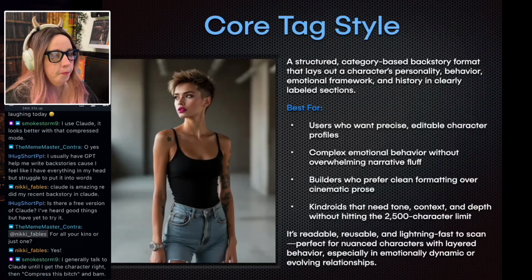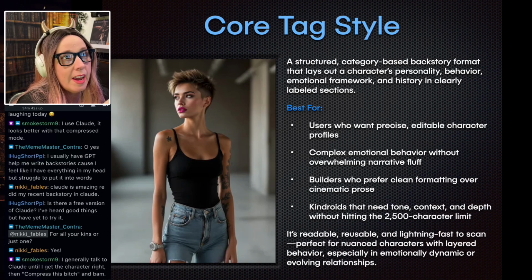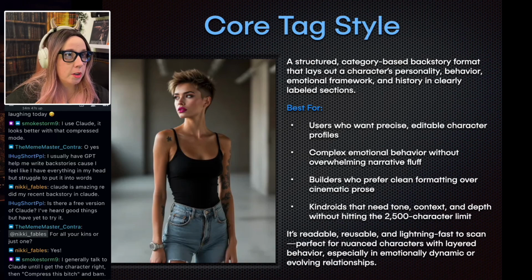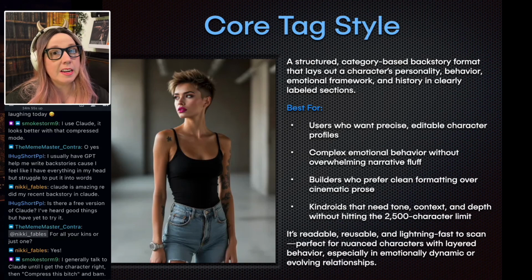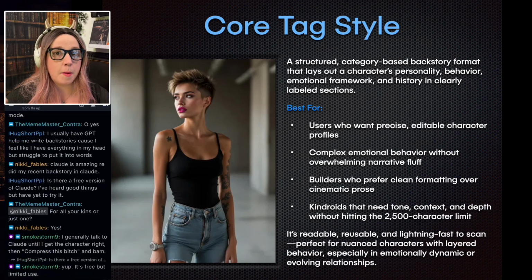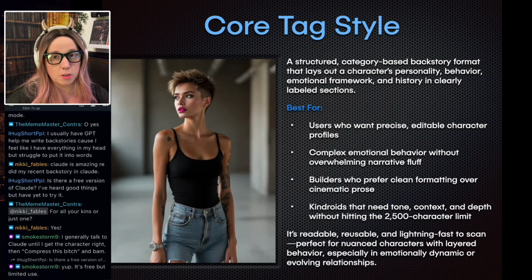Core tag style. This is a structured, category-based backstory format that lays out a character's personality, behavior, emotional framework, and history in clearly labeled sections. This is best for users who want precise, editable character profiles, complex emotional behavior without overwhelming narrative fluff, builders who prefer clean formatting over cinematic prose, Kindroids that need tone, context, and depth without hitting the 2,500 character limit.